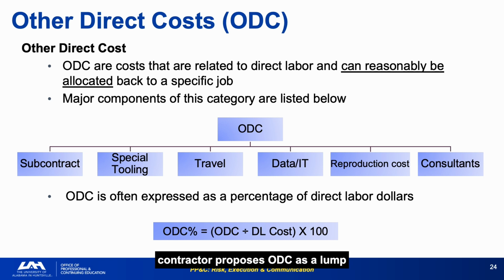When a contractor proposes ODC as a lump sum percentage without itemizing what it includes, that is the first thing to challenge. ODC percentage should remain relatively constant as direct labor changes, because most ODC elements scale with the workforce doing the work. When a contractor proposes ODC, ask for the itemized breakdown. Know what you are paying for before you accept the percentage.